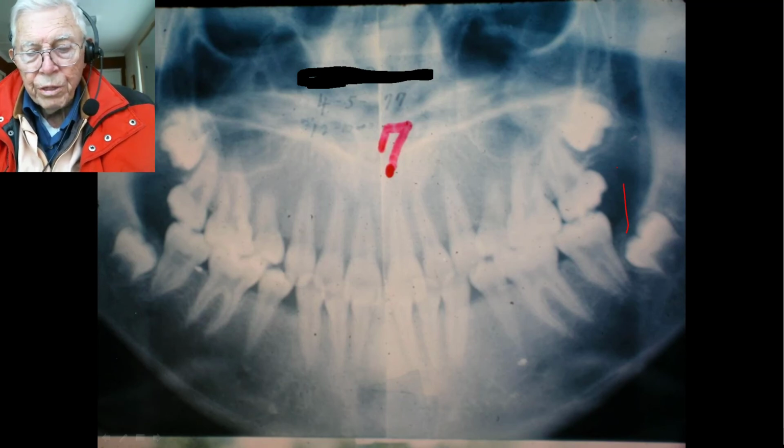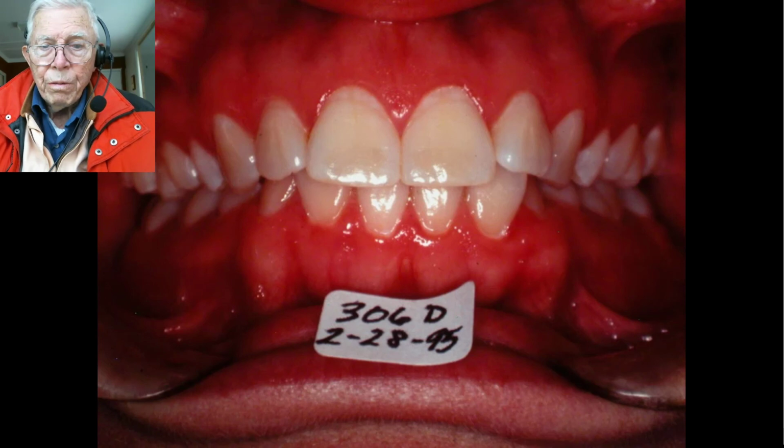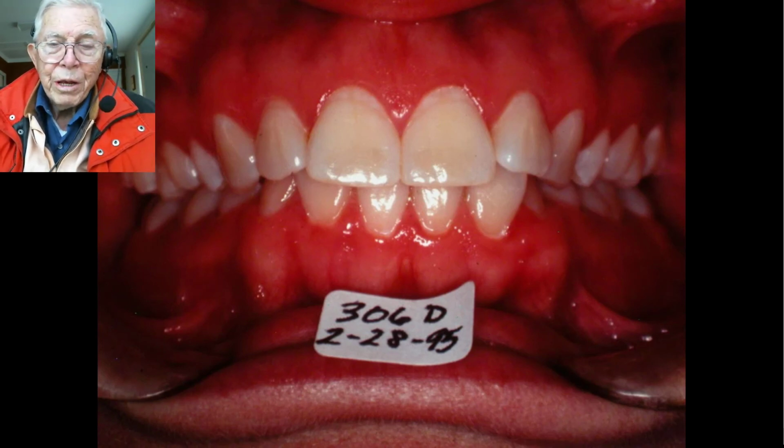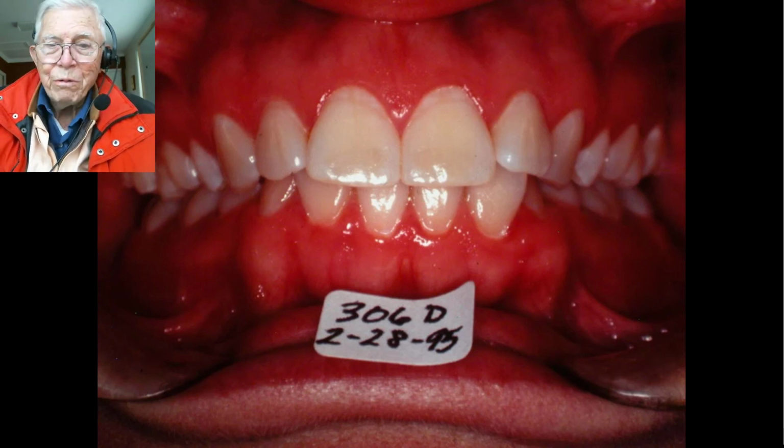This is the case in 1977, and here is a young lady in 1995. That's about 18 years later, and I had straightened them up, but she hadn't worn a retainer.